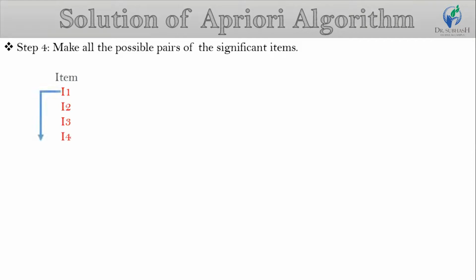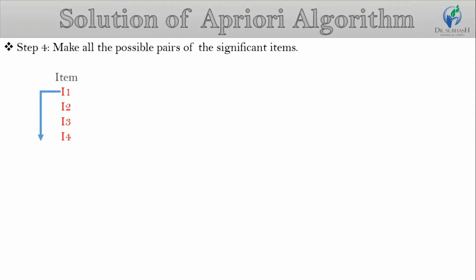Now in step 4, we make all the possible pairs of the significant items. For that, we have items I1, I2, I3, I4, and we generate pairs of those items. For generating pairs, we start with item I1 through I4. So it generates a pair I1 and I2.